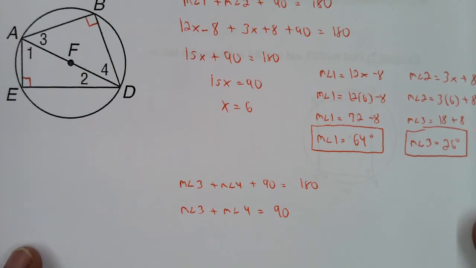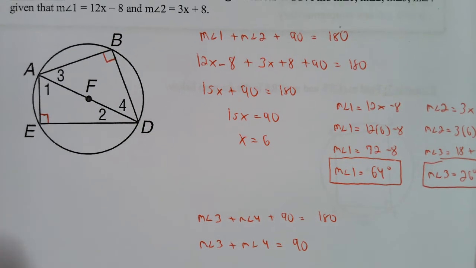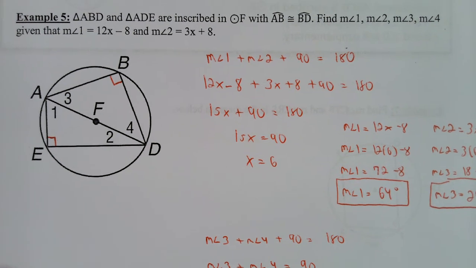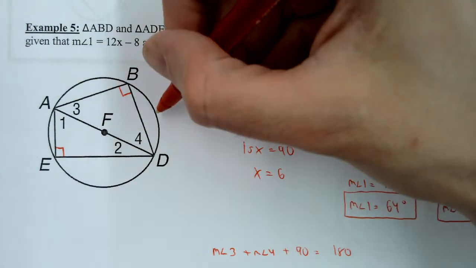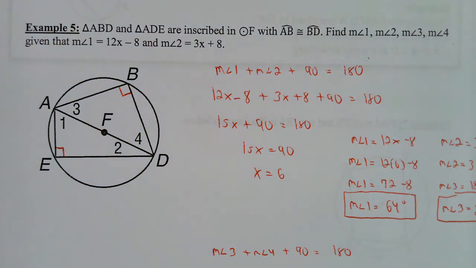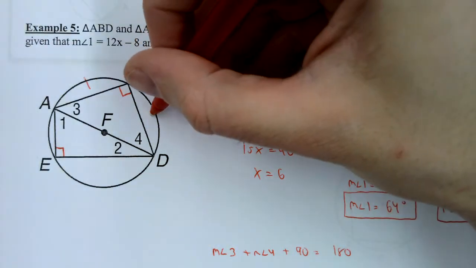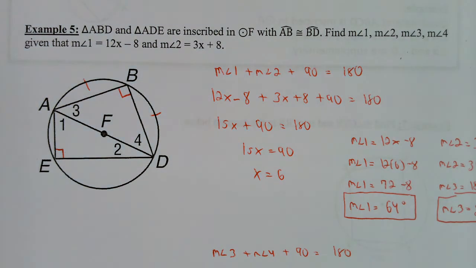And there's one thing that we were given in the problem. We were given that arc AB is congruent to arc BD. So let's label that really quick. This arc is congruent to that arc. If you look, angle 3 is inscribed in BD, and then angle 4 is inscribed in arc AB.